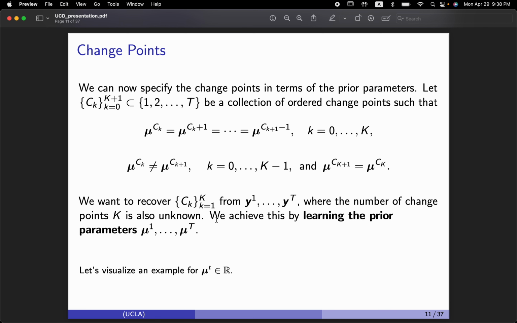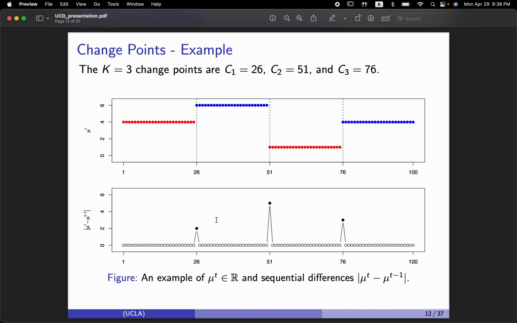Let's visualize an example of change points in terms of the prior parameter. Here we are looking at the mu's in one dimension for illustrative purposes. Suppose we have 3 change points located at times 26, 51, and 76.